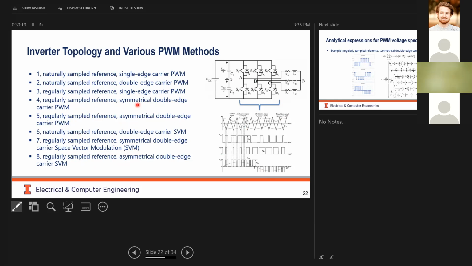Sinusoidal PWM has a lower DC bus utilization factor.